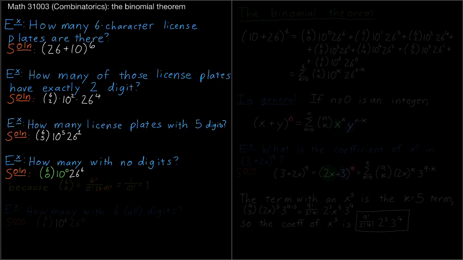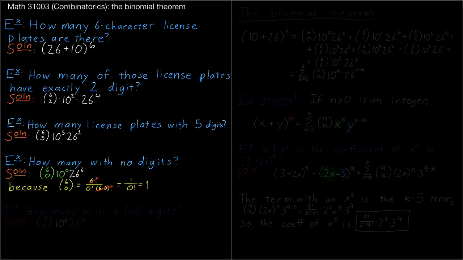Well, let's notice this is true because 6 choose 0 is 6 factorial divided by 0 factorial, 6 minus 0 factorial. The two 6 factorials cancel out. 6 minus 0 factorial is 6 factorial, and we're left with 1 over 0 factorial. 0 factorial is 1, and so we just get a 1.